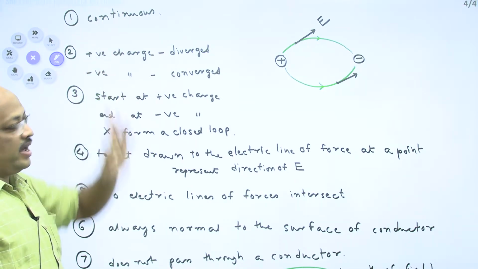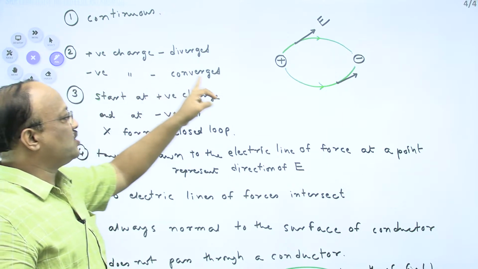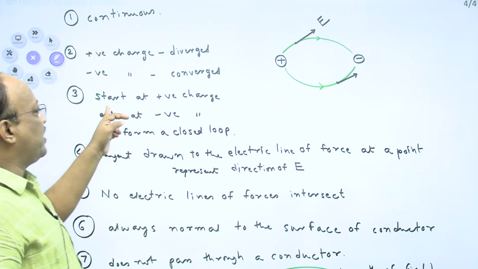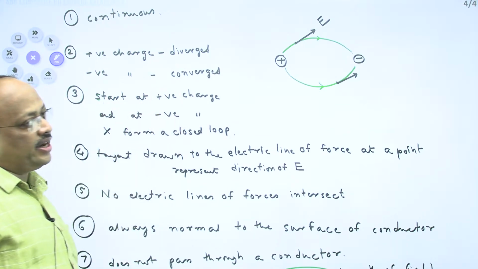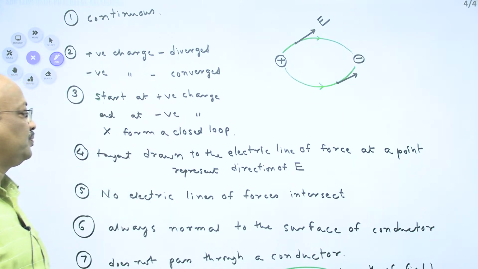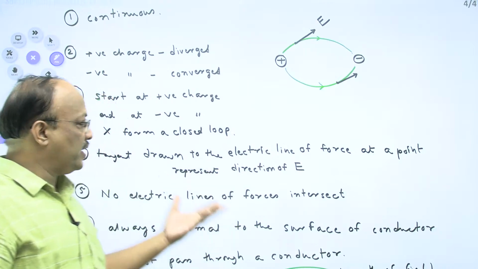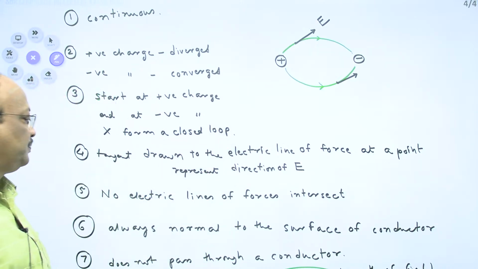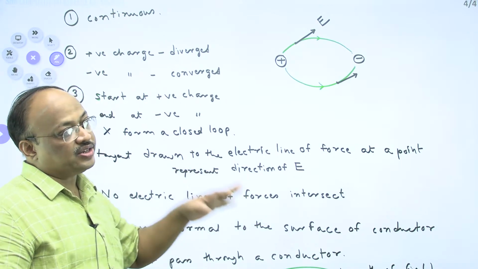Positive charge has diverging electric lines of forces, negative charge has converging electric lines of forces. They start at the positive charge and end at the negative charge. They never form a closed loop. The tangent drawn to the electric line of force at a point represents the direction of the electric field. No electric lines of forces intersect each other.